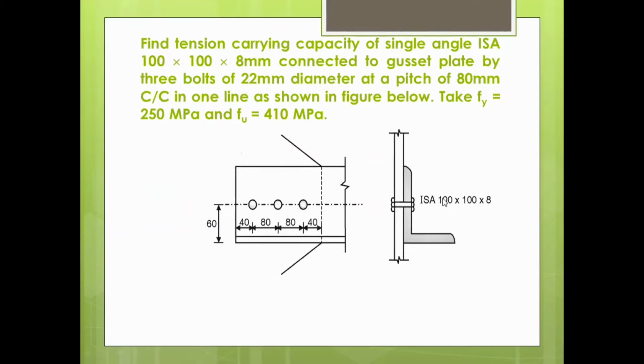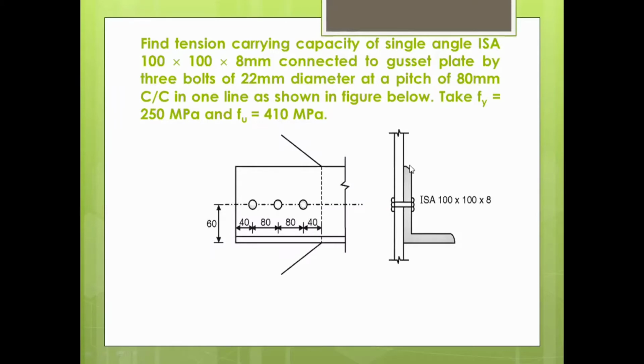So 100 minus 8 is 92. This 8 mm thickness is subtracted from the total length of one of the legs of the angle. So this total 100 minus 8 is 92.